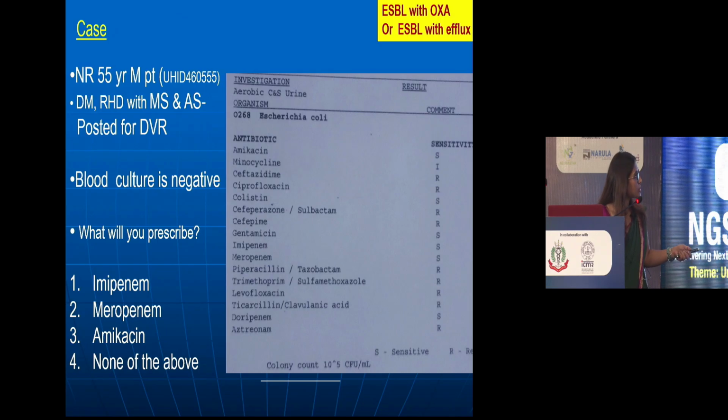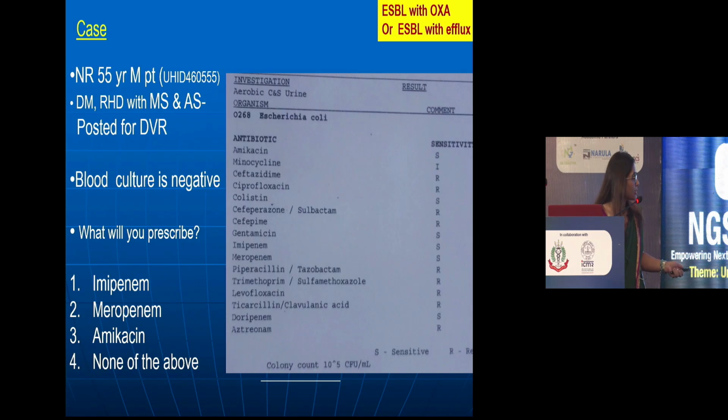There is resistance to third generation cephalosporin ceftazidime, but also to the BL-BLI combinations of cefoperazone-sulbactam and piperacillin tazobactam. If it was ESBL alone, then this BL-BLI combination would have been susceptible. So this is ESBL with an additional mechanism of resistance, and in this patient, what do we prescribe?